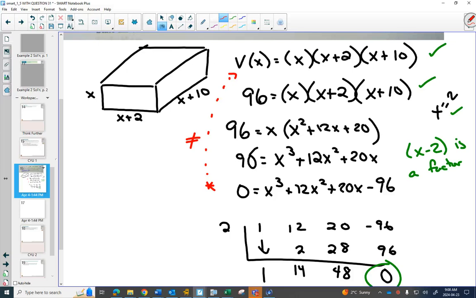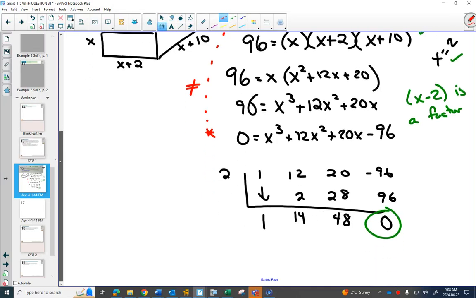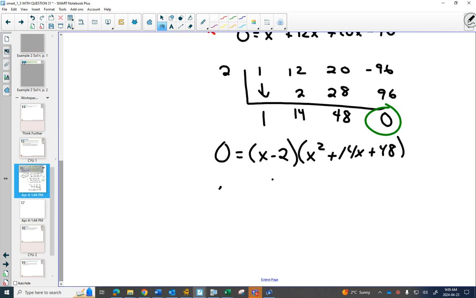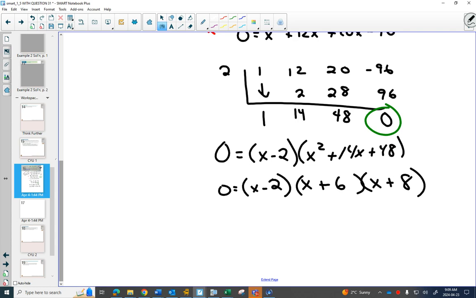So as far as notation-wise, what does this mean? I am factoring this equation that's equal to 0. So as far as writing my next step, I would still have 0 equals, I found out that x minus 2 is a factor, and I'm left with x squared plus 14x plus 48, which factors nicely to x plus 6 and x plus 8.